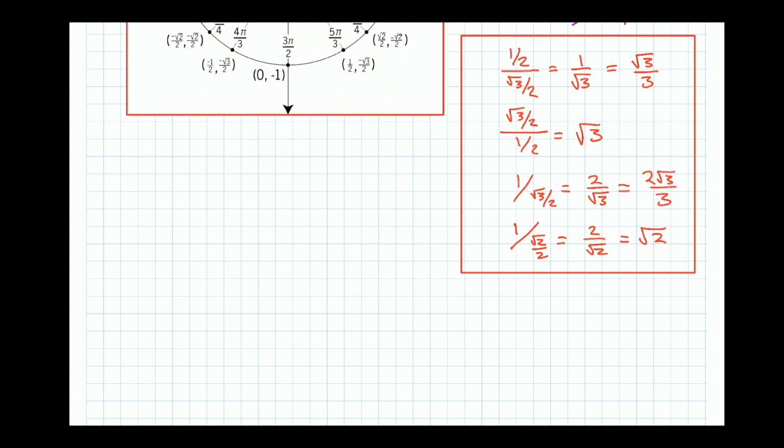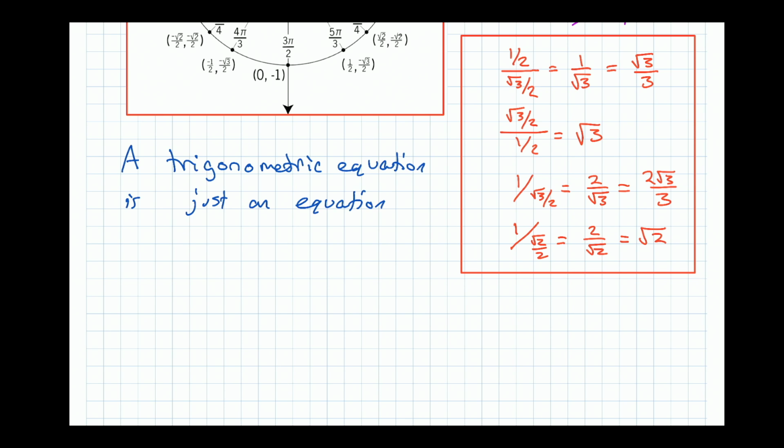So a trigonometric equation is what it sounds like. It's just an equation with trig functions in it.